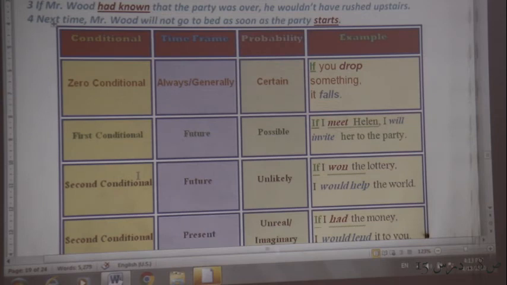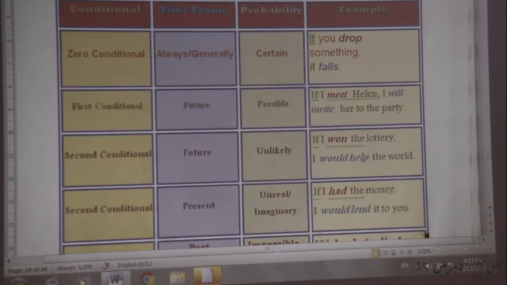Here we can talk about four basic types of conditional. The first one is the zero conditional. Zero conditional: time frame always, generally; probability certain. In this type we need the present simple tense in both parts.